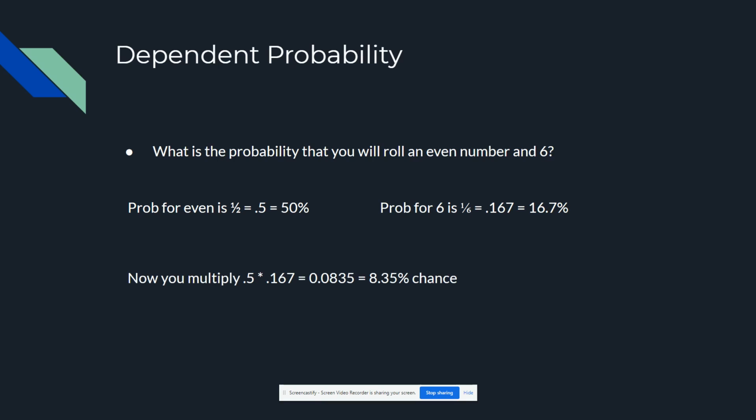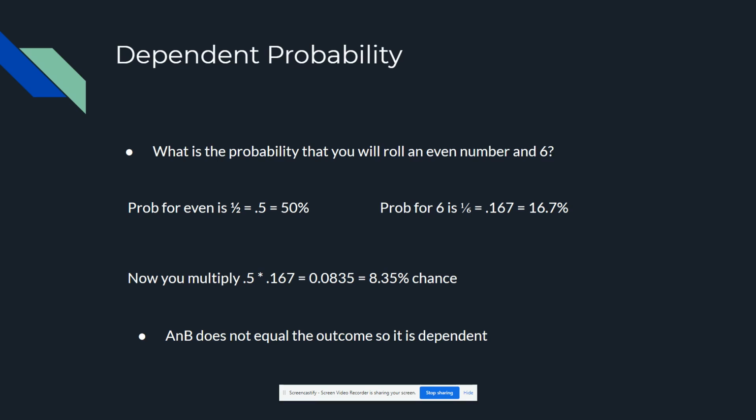Next, we're going to multiply decimals to keep track of the decimal from the last step. So 0.5 times 0.167 is equal to 0.0835, which is equal to 8.35% chance of rolling an even number and then rolling the number 6.